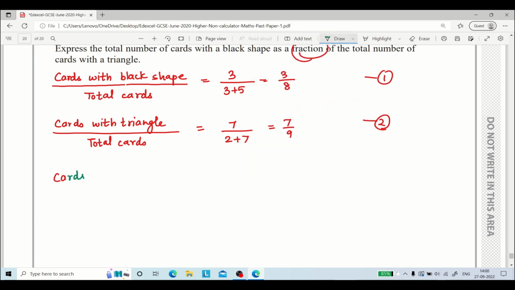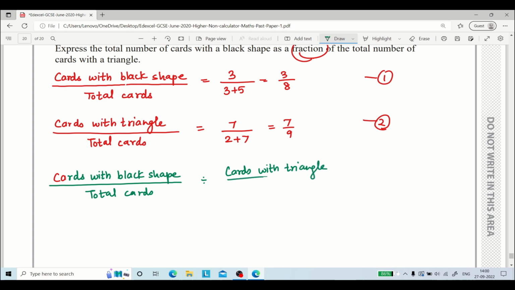Okay, so cards with black shape over total cards, and you're dividing it by cards with triangle upon total cards, that is going to be 3 over 8 divided by 7 over 9.